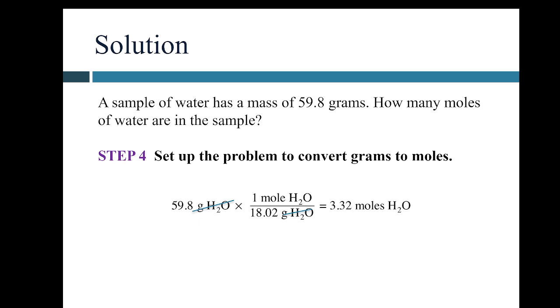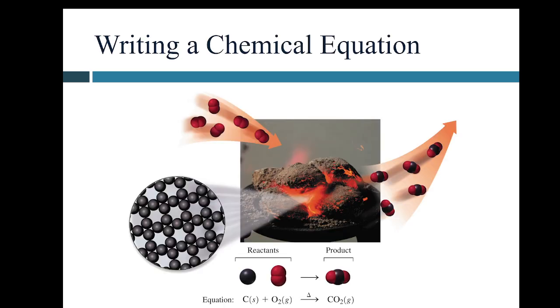Okay, fantastic. So let's talk about writing a chemical equation. Now, this is usually referred to as a chemical reaction, but a chemical equation is absolutely literally correct. So this is a chemical reaction or chemical equation as your book calls it. And it's literally the ingredients you put together and what they produce, right?